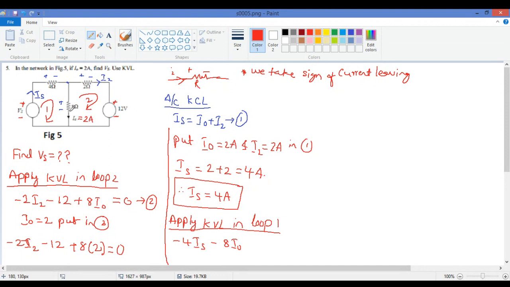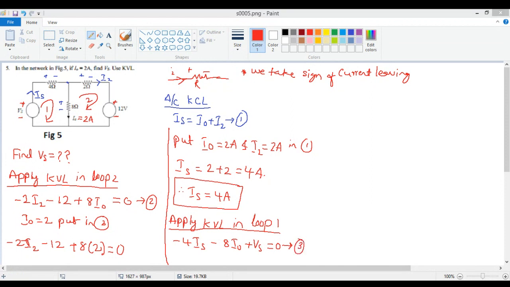Why minus? You see, current is leaving from a negative polarity, so minus 8 I naught. And here it is leaving from the positive polarity of the voltage element, so we write plus Vs, plus Vs is equal to 0. This is your equation 3.